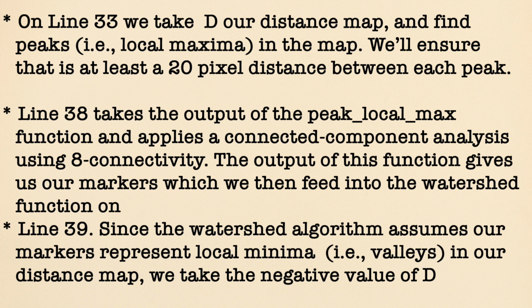On line number 39, since the watershed algorithm assumes our markers represent local minima, that is valleys in our distance map, we take the negative values of d.